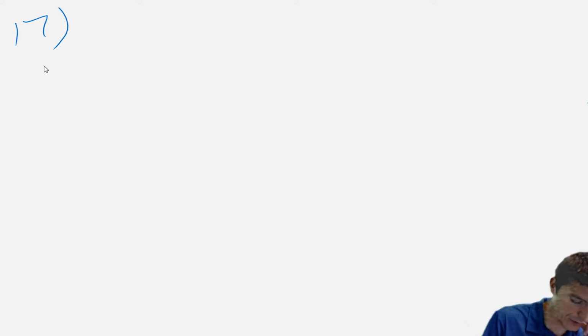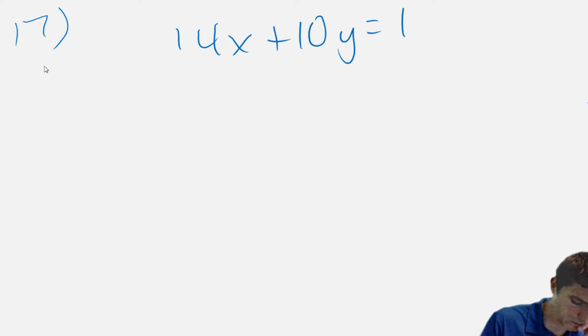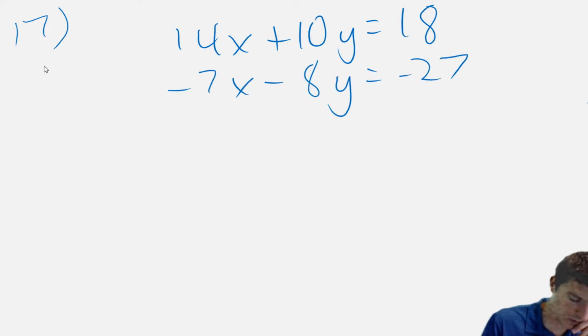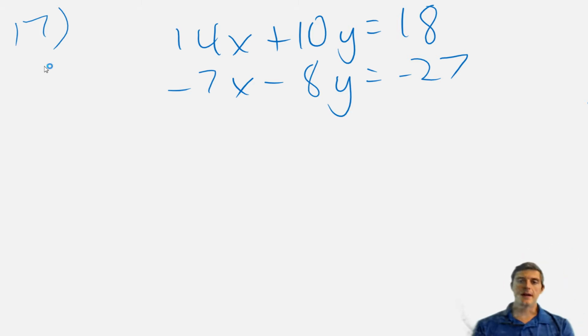I'm gonna give myself a little bit of room. Okay. So the key with elimination is I want one of the variables to become eliminated. So I'm looking here at the x's. I want them to be equal and opposite.